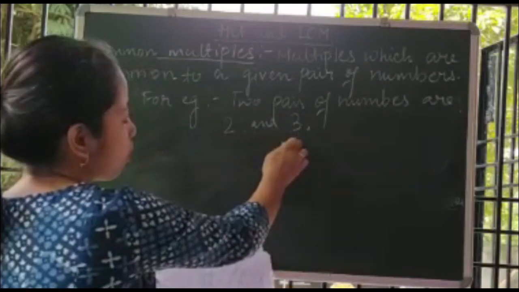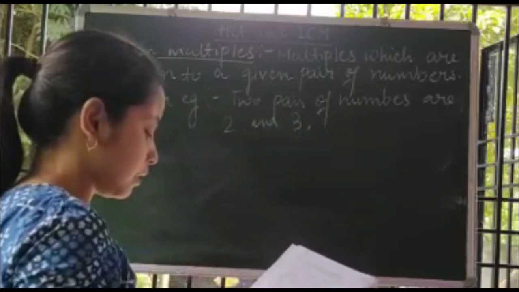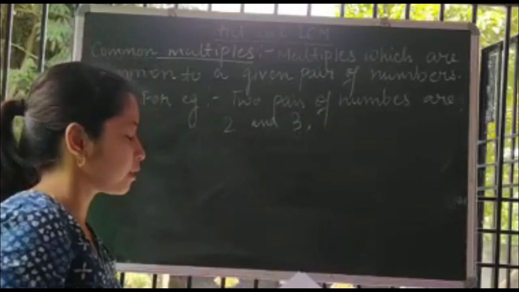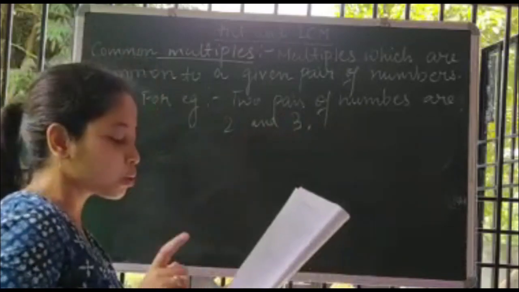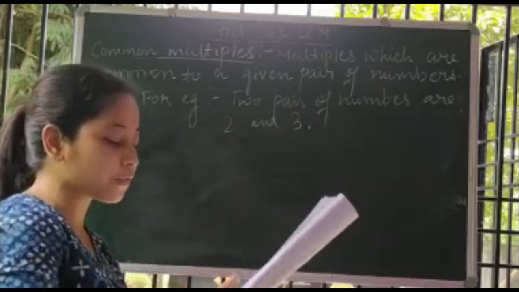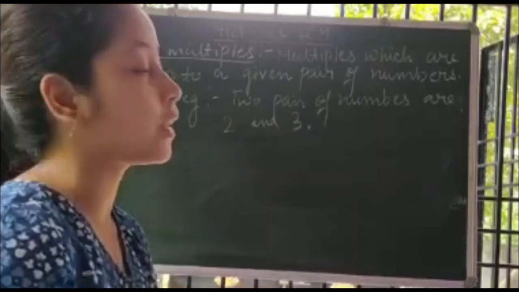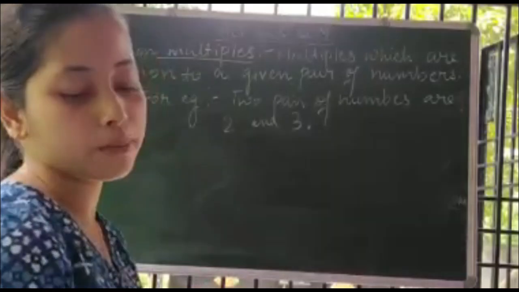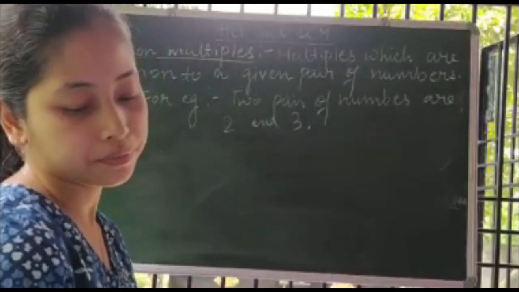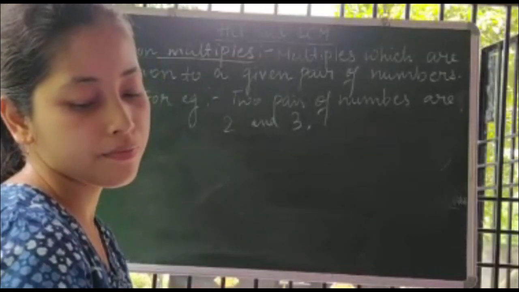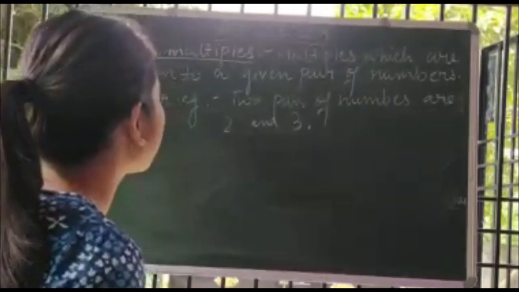Let us check what are the common multiples of 2 and 3. So if my question is what are the first 5 common multiples of 2 and 3, what will we write?